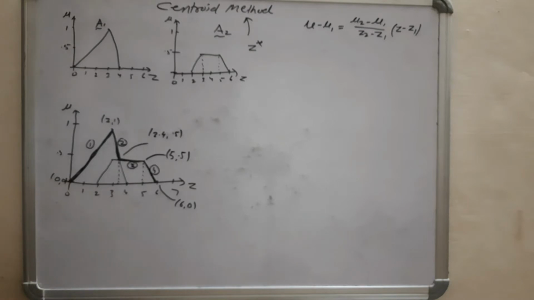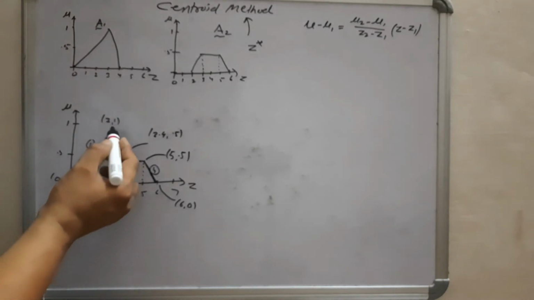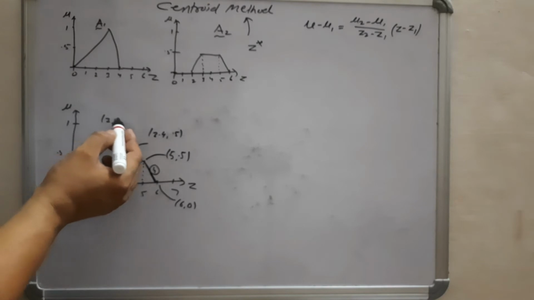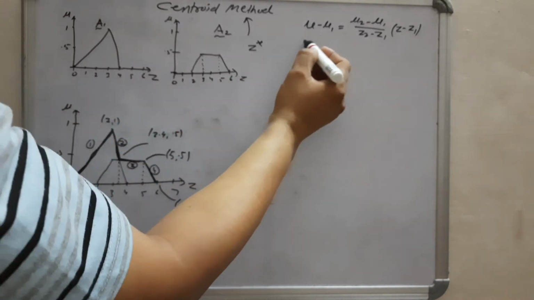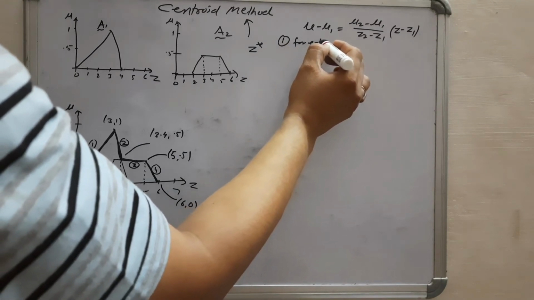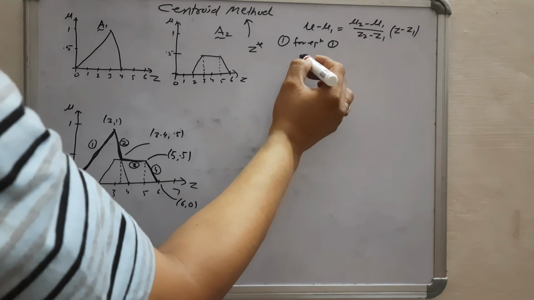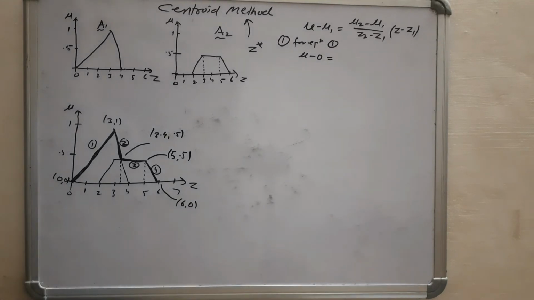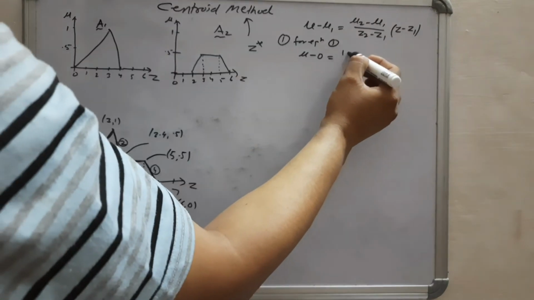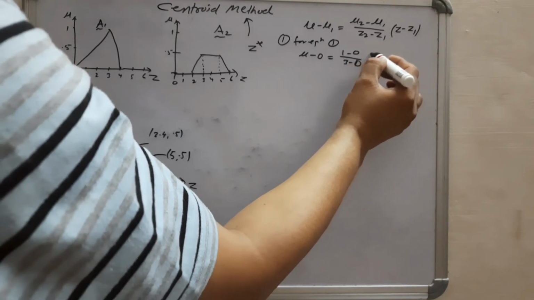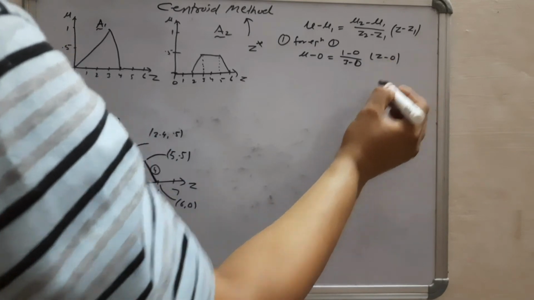So for the first line, these are the 2 coordinates. Here it is z1, mu1, and z2, mu2. So put all these values in this equation. For equation 1, mu minus mu1, which is 0, equals mu2 minus mu1, which is 1 minus 0, upon z2 minus z1, which is 3 minus 0, into z minus 0.